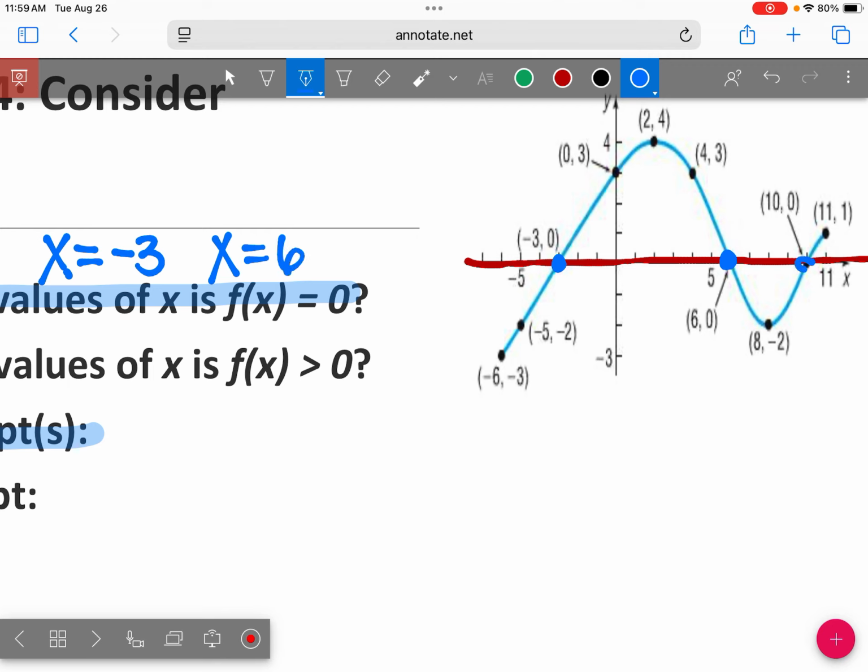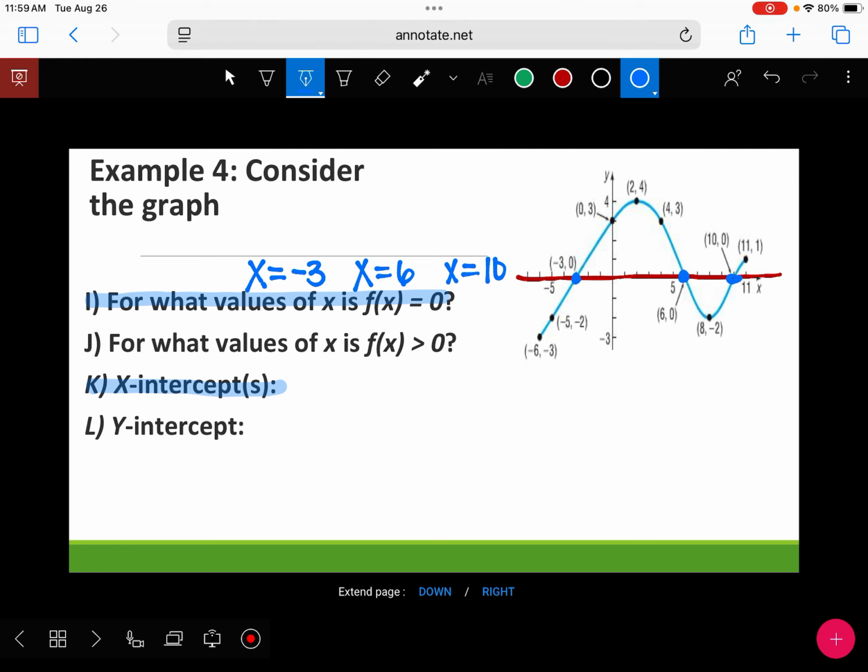And the third place is here, which is x equals 10. The difference in these 2 questions is that in K, I have to write them as an ordered pair. So that would be -3, 0, +6, 0, and +10, 0.